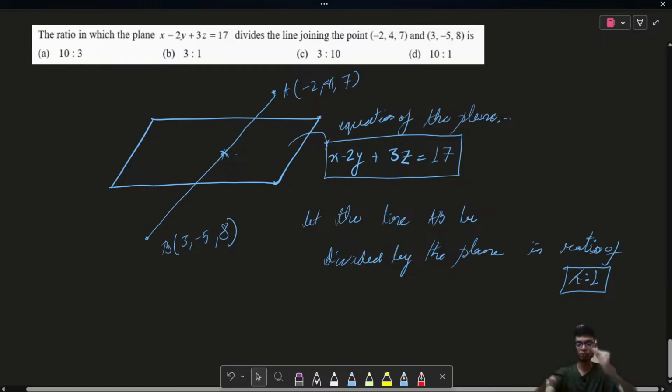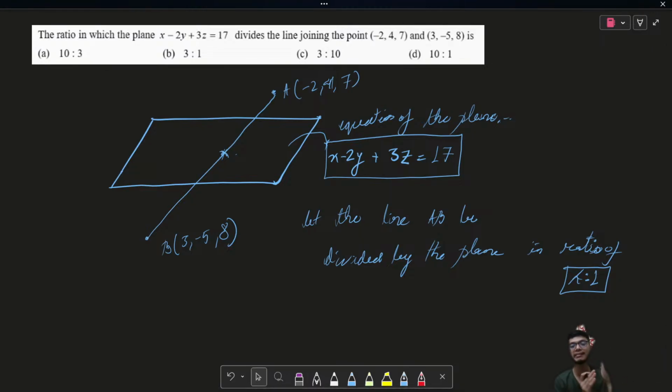So once you formulate this problem like this, the only thing to solve is that you have to get the intersection point of the plane and the line. In order to do that, I will first of all find out the equation of this line.